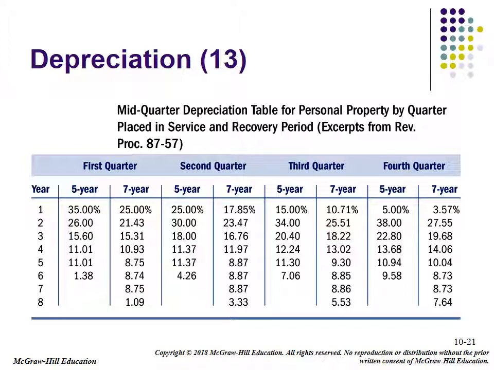And it will always use that column and table. The furniture, which is a 7-year asset, was purchased in the fourth quarter. So we're going to go all the way to the opposite side of our PowerPoint here. Last column, 7 years. First year cost recovery for assets purchased in the fourth quarter. 3.57% is the percentage we multiply the cost by.